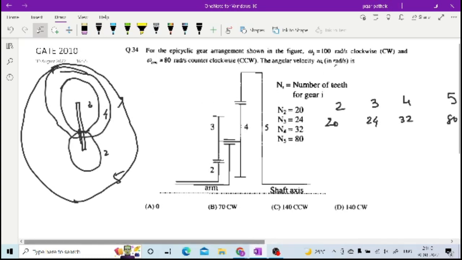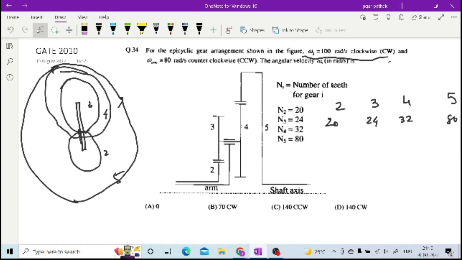What is provided is omega 2 of 100 radian per second clockwise, omega arm of 80 radian per second counterclockwise, and omega 5 in radian per second that you have to calculate.